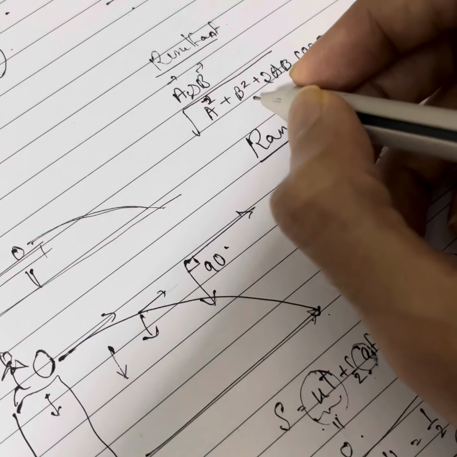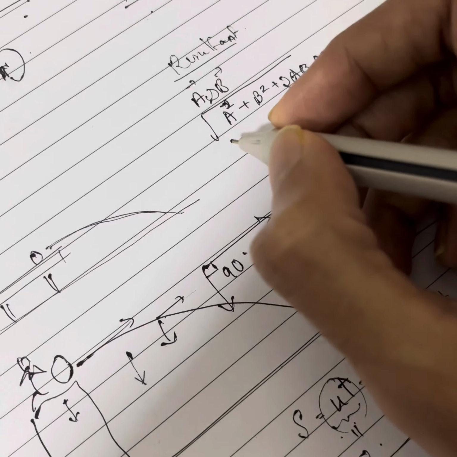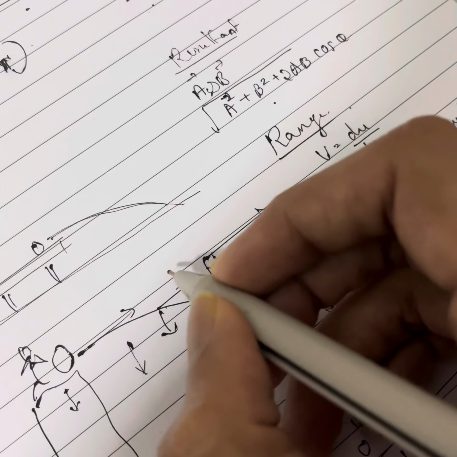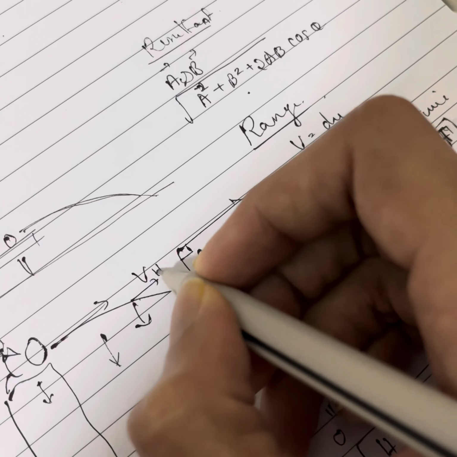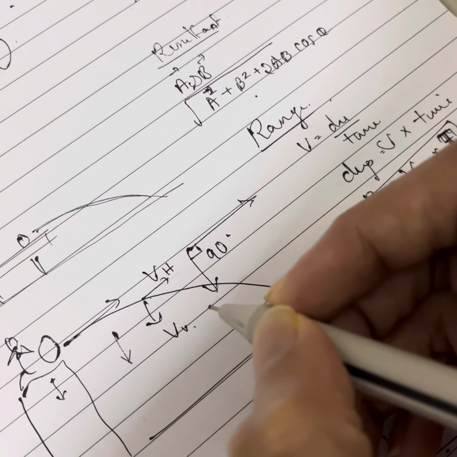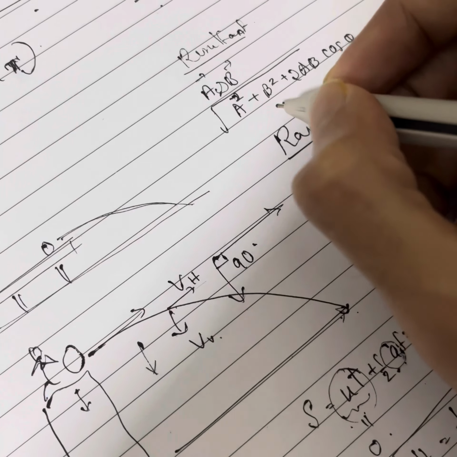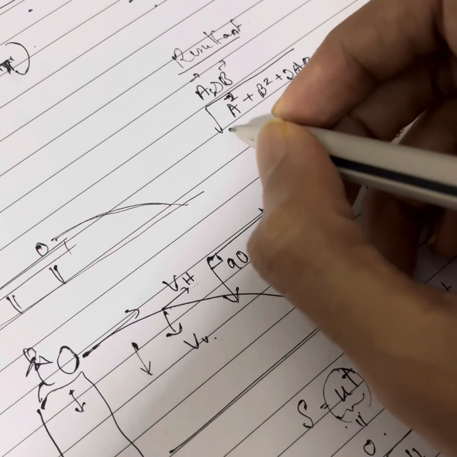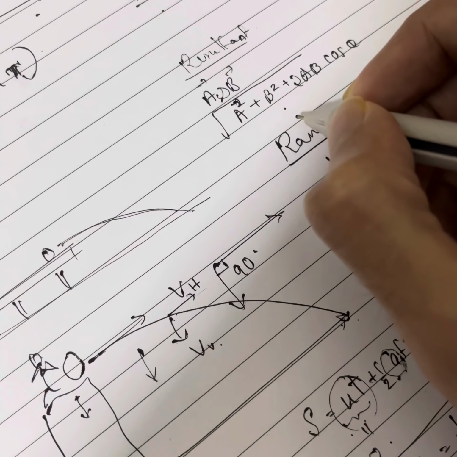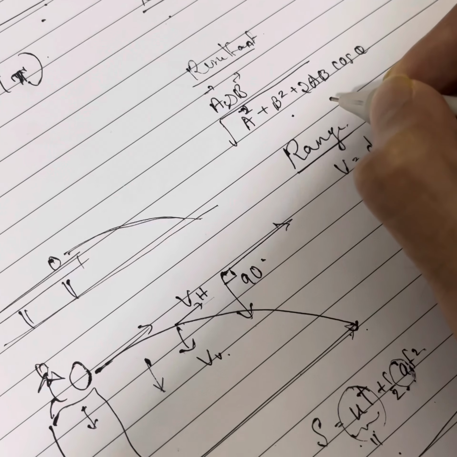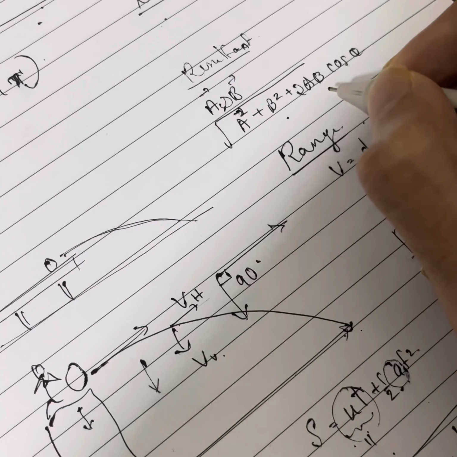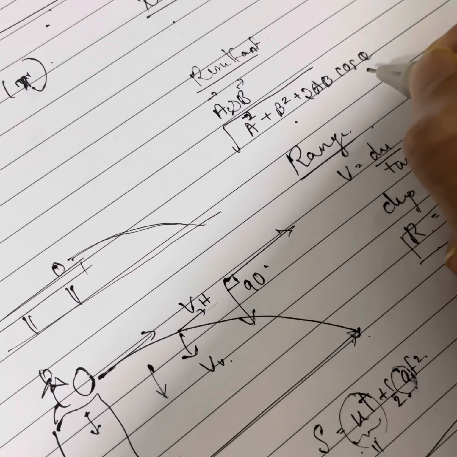This will be the equation. Here we have two vectors: one is the horizontal component of velocity, the other is the vertical component of velocity, and we can write root of VH square plus VV square plus 2 VH VV cos theta.